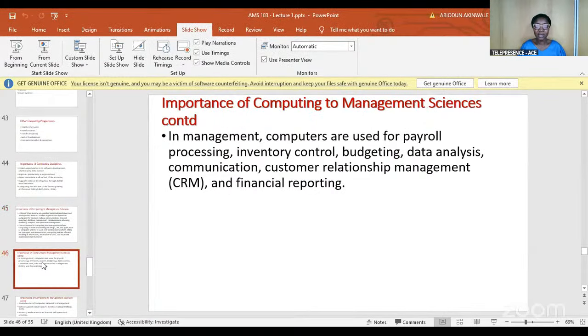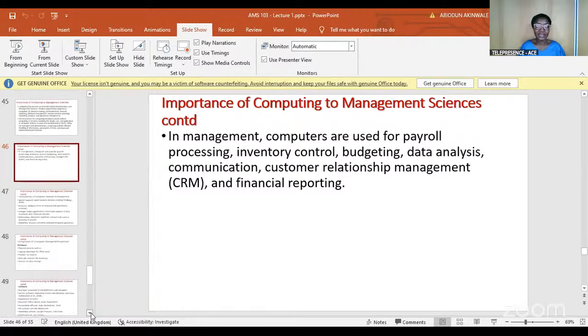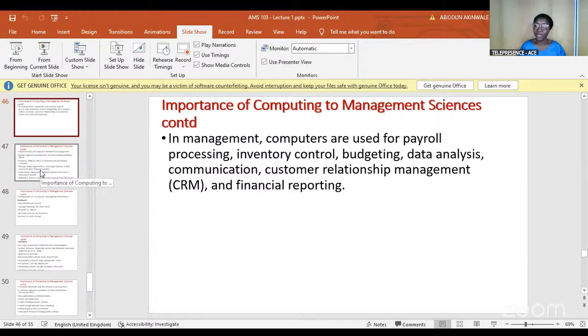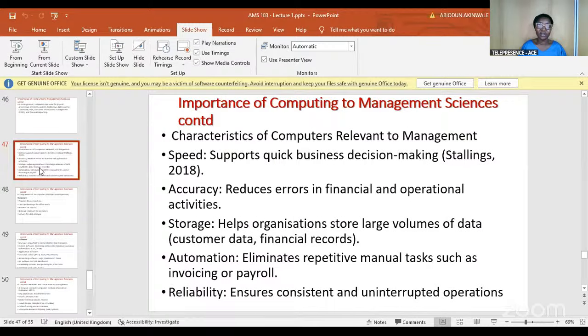So you can see it's easy for us to use computer to apply it to solve real world problems for managers, for other tasks that are repetitive in nature. It's very easy, particularly for those of us in the management science, to have improved organizational performance. Importance of computing to management sciences still continued. So now today, payroll services is easy, inventory control. The next slide, budgeting, data analysis, customer relationship management, all these, they are here with us and then we enjoy.